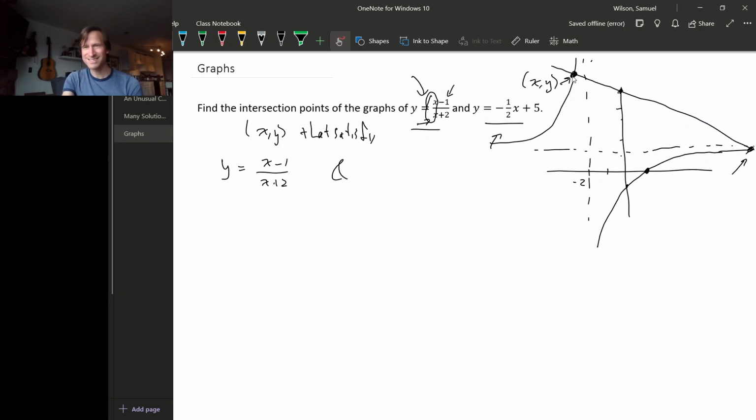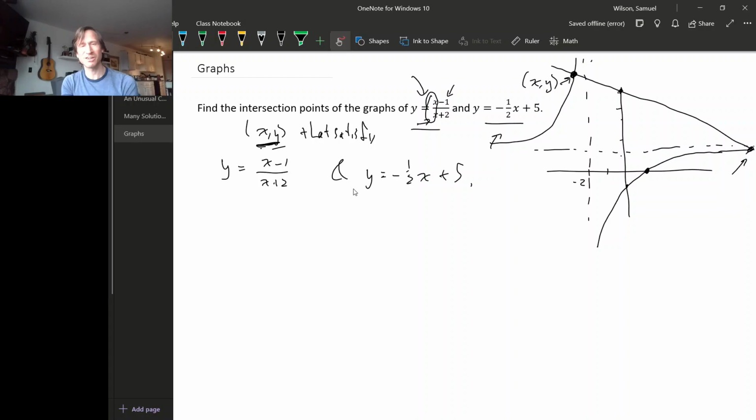And since this point is also on the line, it should satisfy the second equation, y equals minus 1/2 x plus 5. So we're looking for a single pair of points. I mean, in fact, we'll find two, but we're looking for a pair of numbers that simultaneously satisfies both equations. But that's exactly what a solution to a system is. So we are looking for a solution to a system of equations.